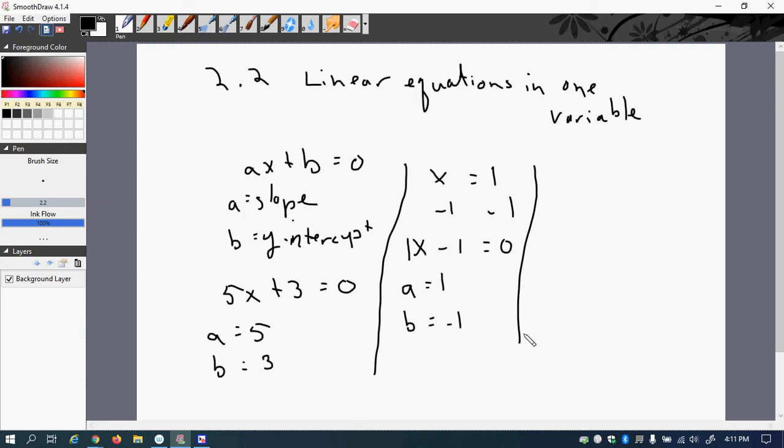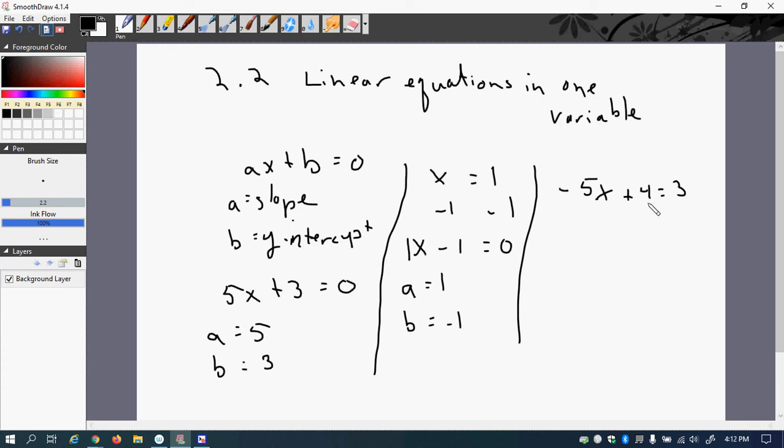Let's look at another one that doesn't look so much like it. Let's say it is negative 5x plus 4 equal to 3. This one looks almost like ax plus b equal to 0, but what's different is that this one has a 3 here instead of a 0.